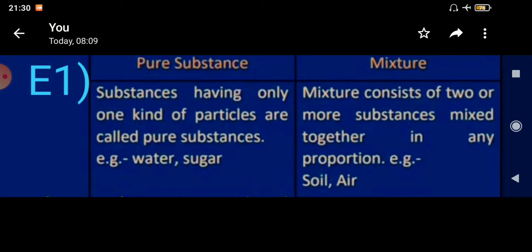So substances which have only one kind of particle are called pure substances, and a mixture is something which consists of two or more substances, all put together in any proportion, for example soil, air.